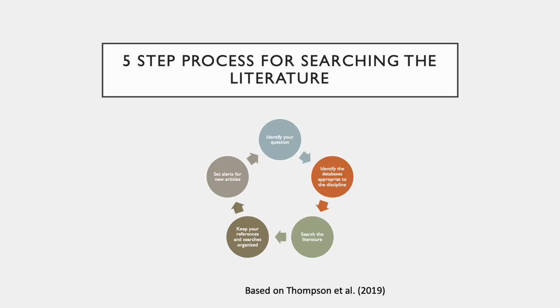There are basically 5 steps for searching the literature. You identify your question, identify the databases appropriate to your discipline, you search the literature, you keep your references and searches organized, and then you need to set new alerts for new articles.